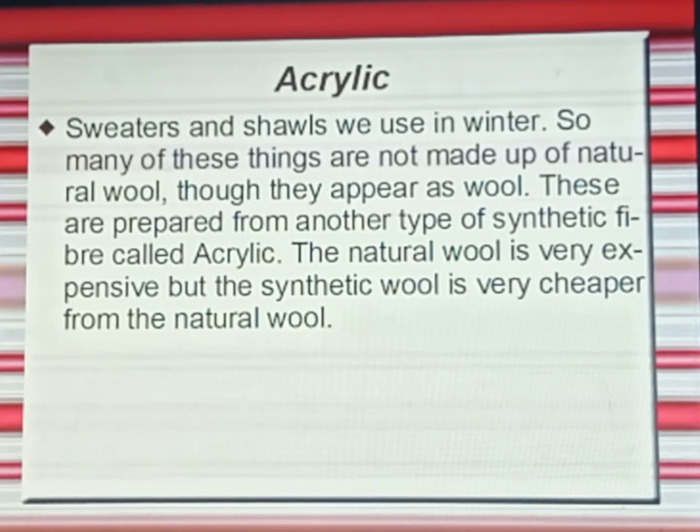Because there is a synthetic fiber, acrylic, or artificial wool. There is artificial silk and wool, and the natural wool is very expensive, so people wear synthetic wool because it is much cheaper than natural wool.